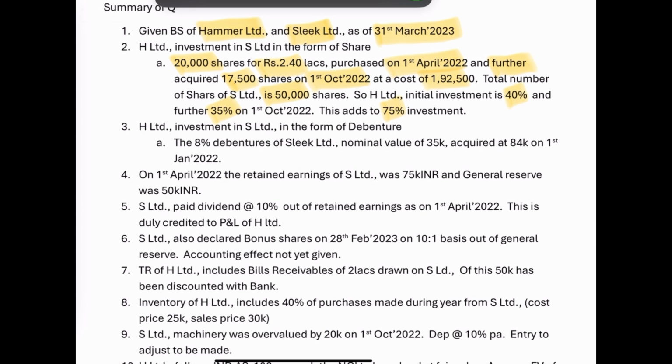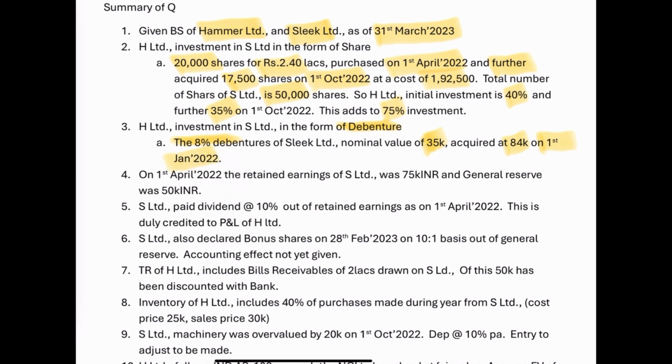The third thing is H Limited's investment in S Limited in the form of debentures. Apart from equity, they have also invested in 8% debentures of S Limited, which had a nominal value of 35k, but H Limited acquired these debentures at 84,000 on 1st Jan 2022.